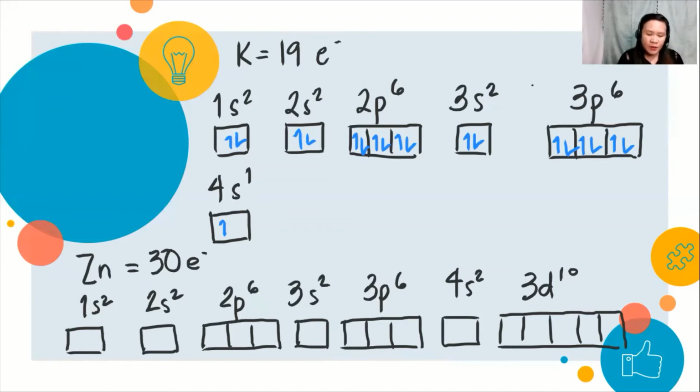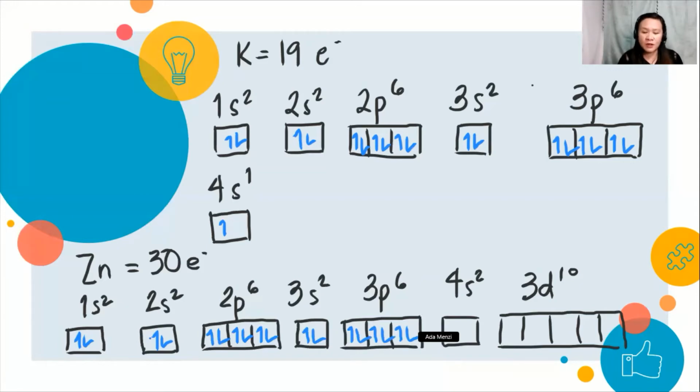Let's start with the S first. Okay, for S, we have 2 electrons. For 2s2, 2 electrons. For 2p, that's 6 electrons: 1, 2, 3, 4, 5, and 6. Then for 3s, it has 2 electrons. For 3p, it has, again, 6 electrons.